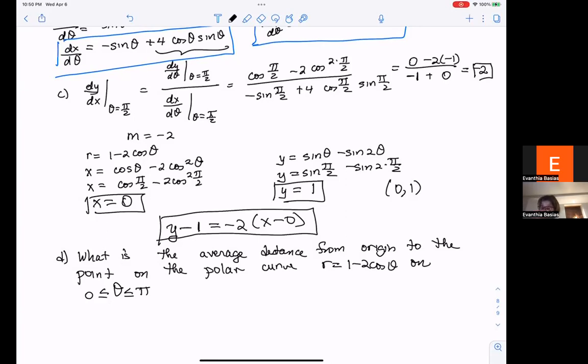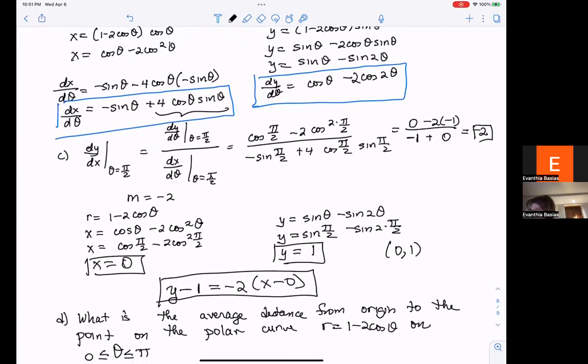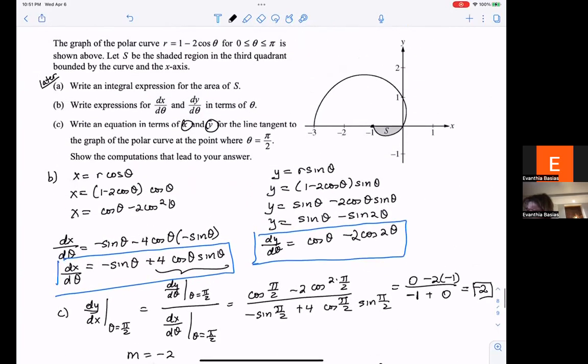So what they're talking about is the distance from the origin. So if this is the origin, and this is a point on the polar curve, the distance between the origin and a point on the polar curve is this line segment. Or maybe it's this line segment.